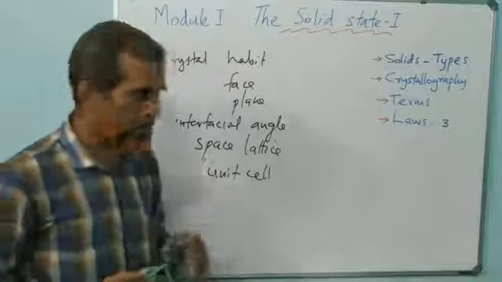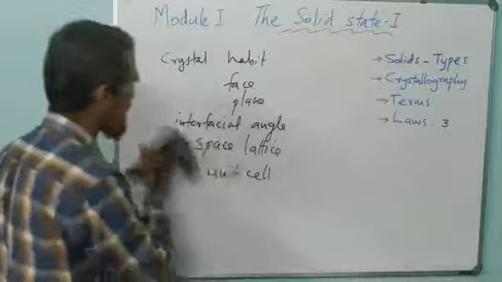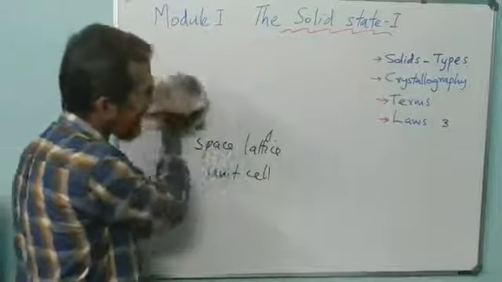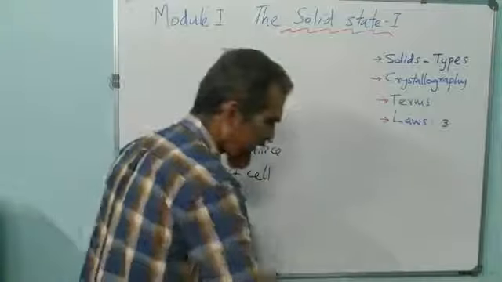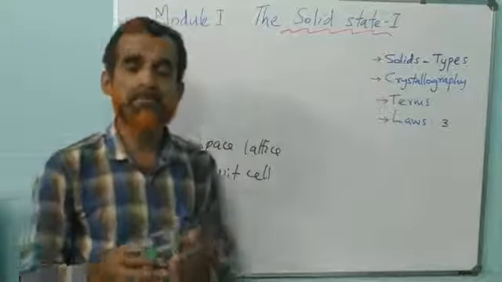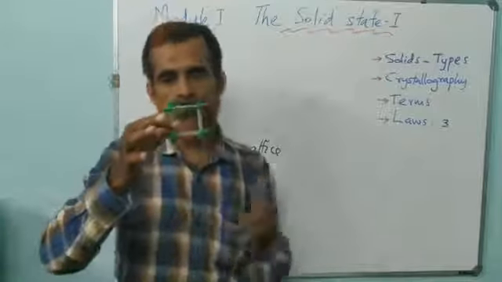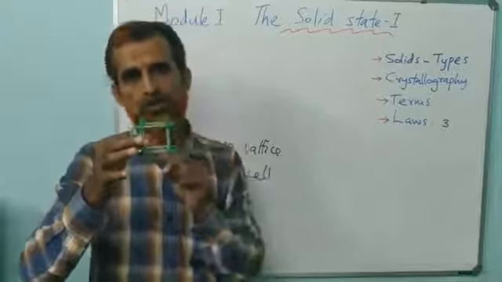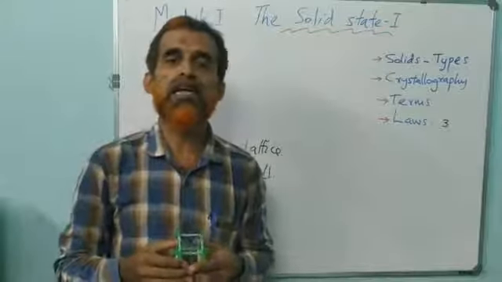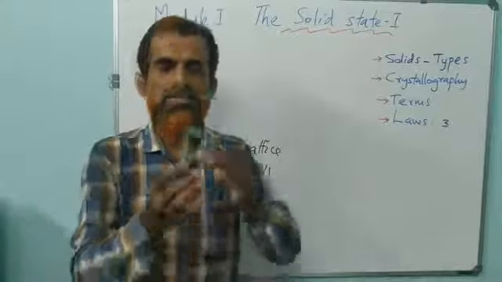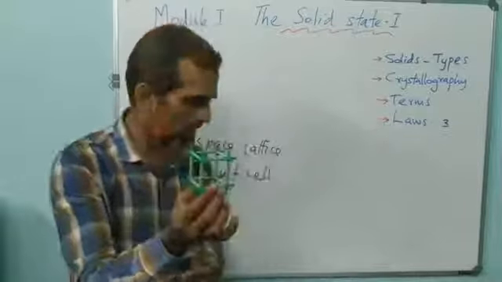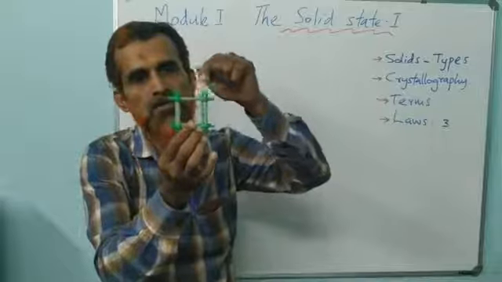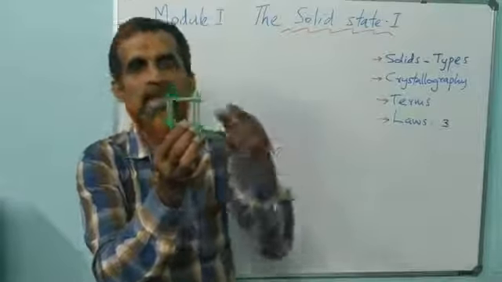Then space lattice. These two terms are very important, which you are familiar with even in your plus 2 courses. What is space lattice? It is the regular arrangement of points which shows how the particles are arranged in a crystal. See, for example, in this cubic crystal, we can show 8 points. 1, 2, 3, 4, 5, 6, 7, 8.